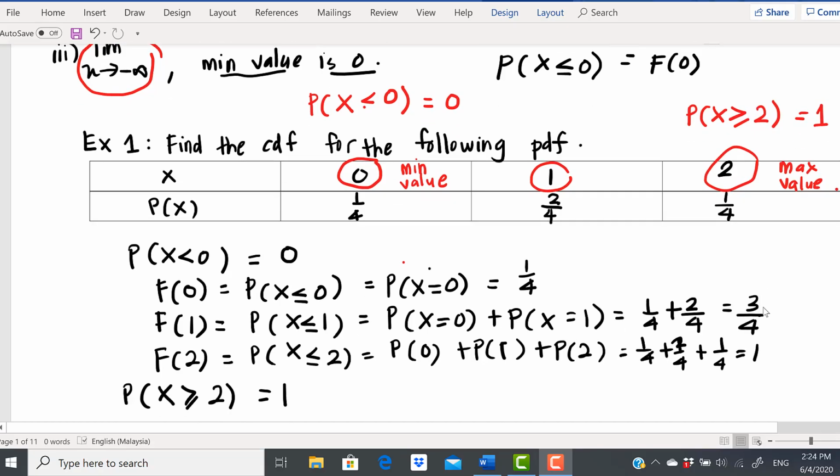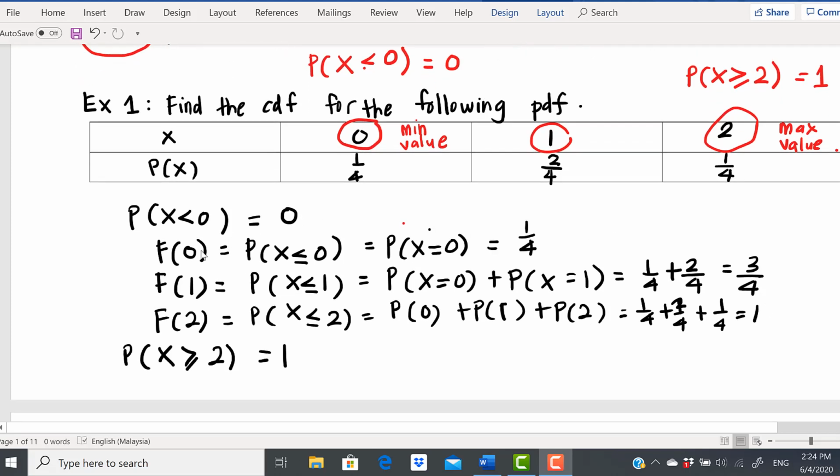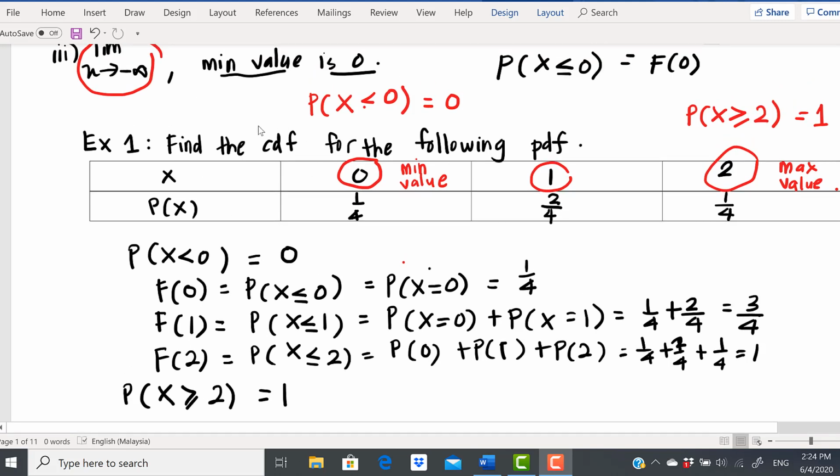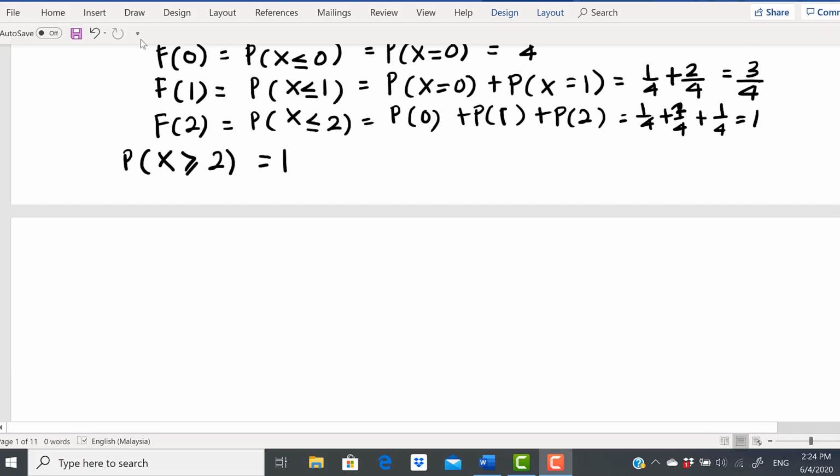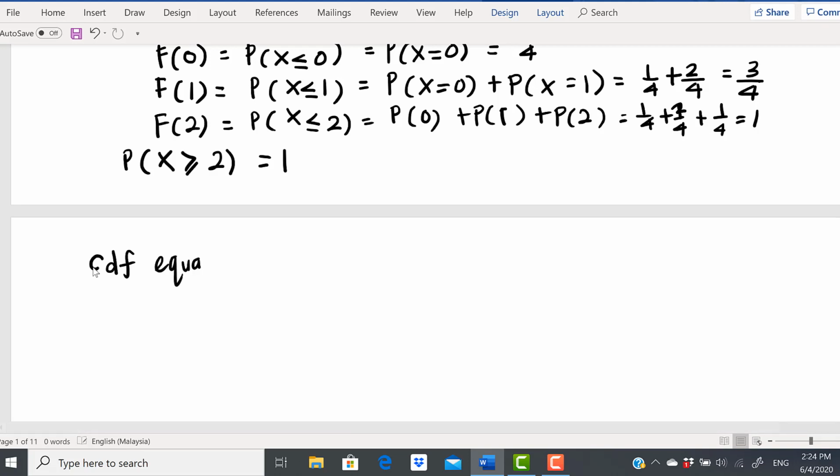Okay, now we have already calculated the CDF, or the F, when x equal to 0, 1 and 2, and when x is less than 0, and also when x is greater than or equal to 2. Now, the question asks you to find the CDF. We already calculated the CDF, but we still have to write our answer as the CDF equation.